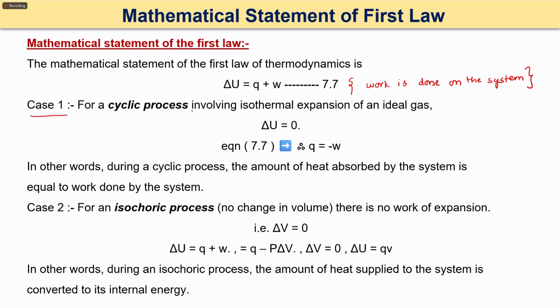For a cyclic process involving isothermal expansion of an ideal gas, we have to calculate delta U, that is, the change in internal energy. We know that for a cyclic process involving isothermal expansion of an ideal gas, the change in internal energy is zero.